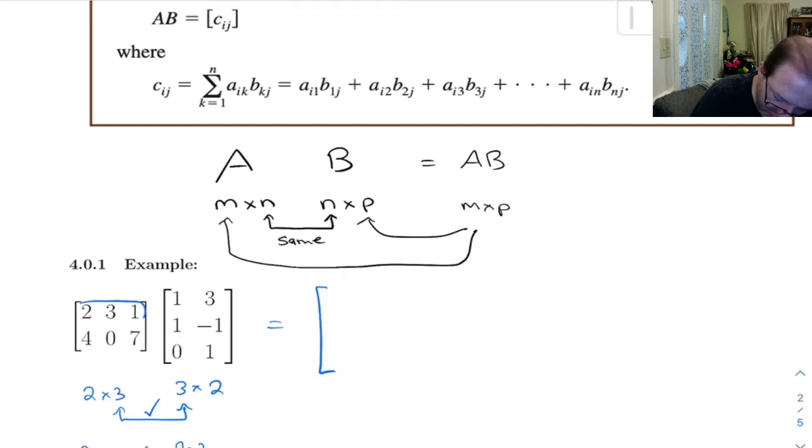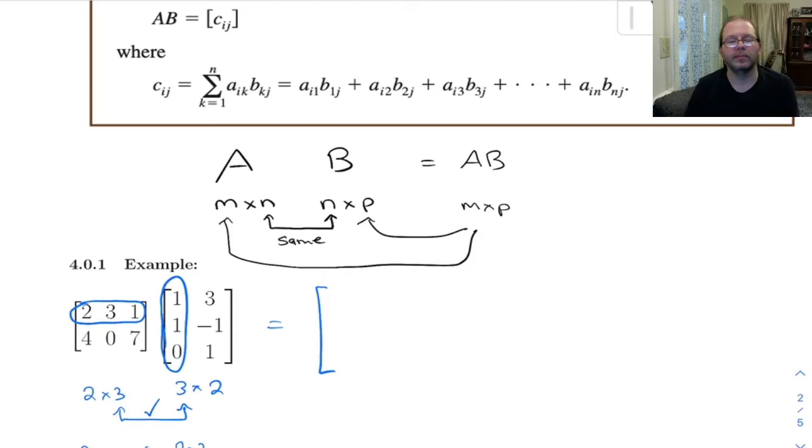And here's how you do it. You take the top row of this, and you do what is called the dot product, which we'll define later on. What you do is you multiply the 2 times the 1, and then the 3 times the 1, and then the 1 times the 0, and you add them up.